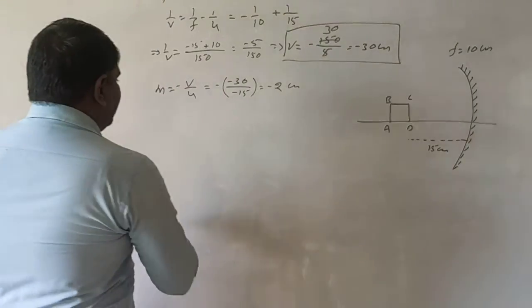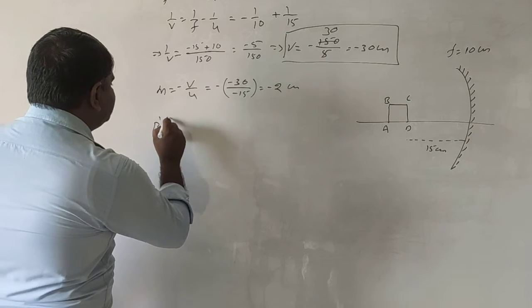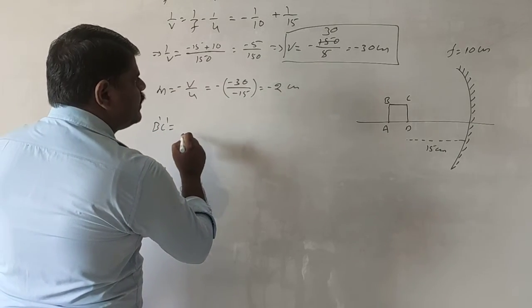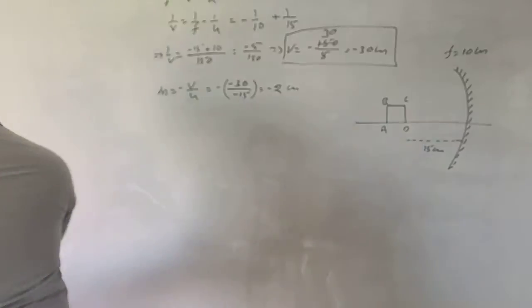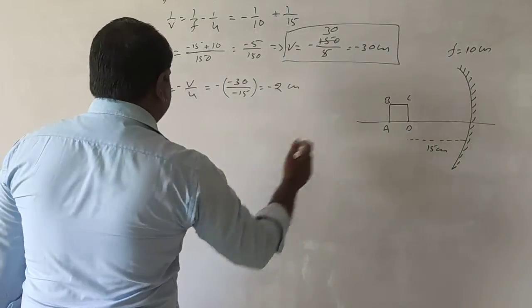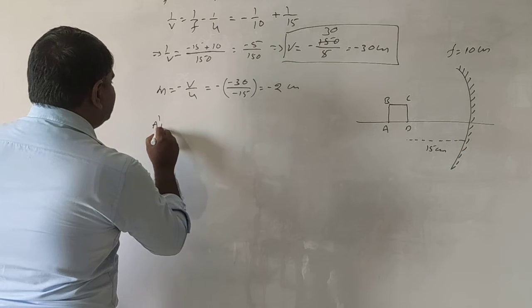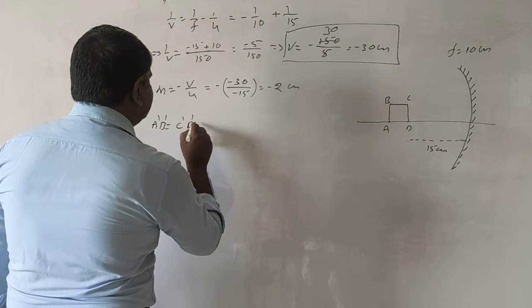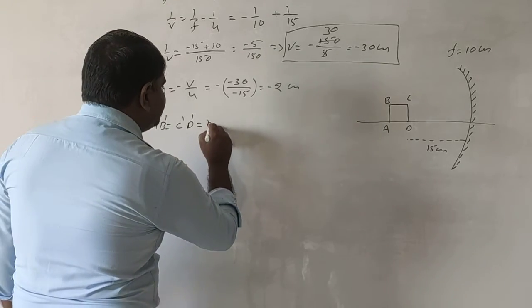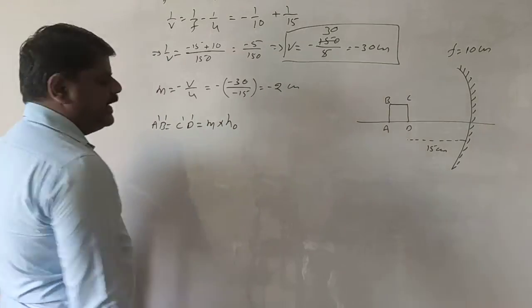That means A dash B dash is equal to C dash D dash. C dash D dash is equal to magnification into height of the object.